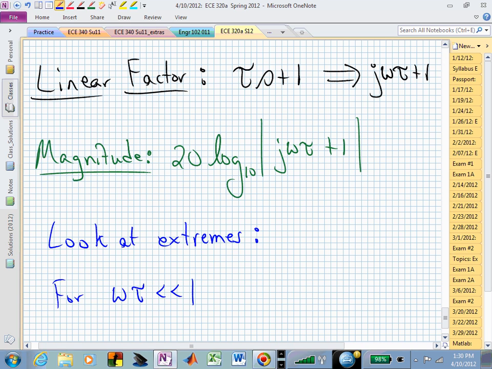And we're going to now approximate that factor. So if this is true, then we have omega much less than 1 over tau. But what's 1 over tau? That's the break frequency, isn't it? It's either the pole location or the zero location. That's our 1 over tau for a linear term.